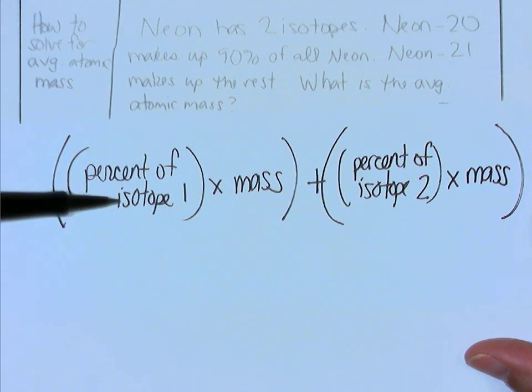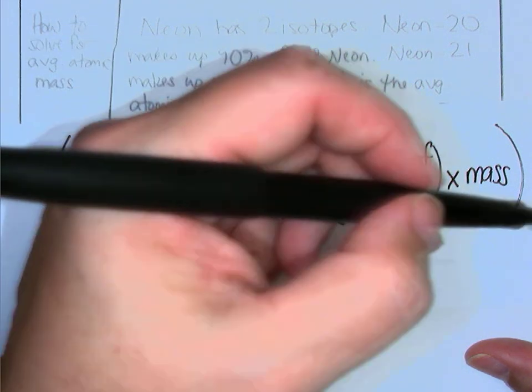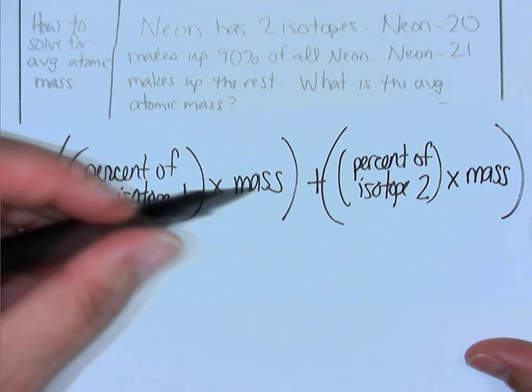If we had more than that, we'd have to keep going, isotope 3, isotope 4, and so on. We only have 2 here.